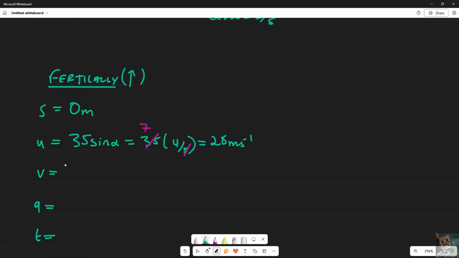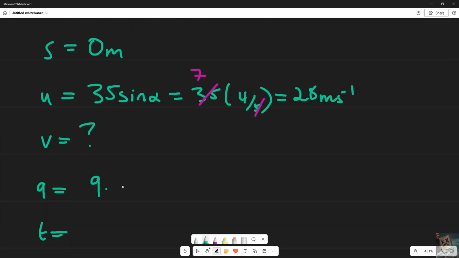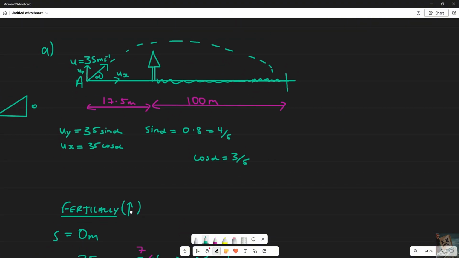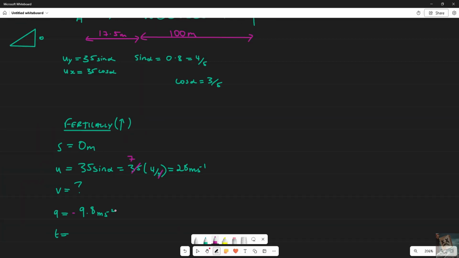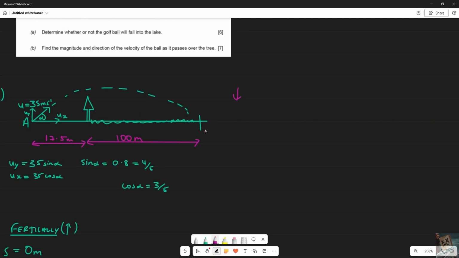The final velocity we don't know. Acceleration we do know, which is the acceleration of gravity, 9.8 meters per second squared. But as we've said up is the positive direction, the acceleration is going to be negative, because gravity is always down. So down is negative and up is positive.